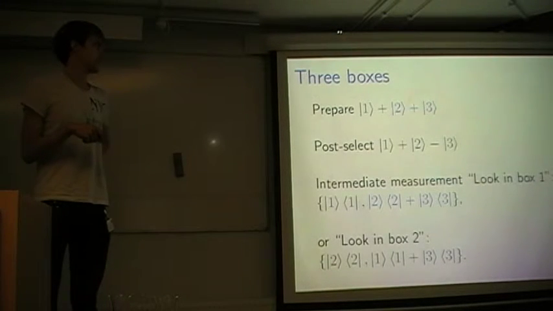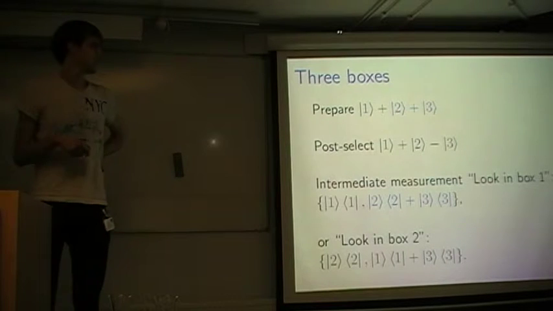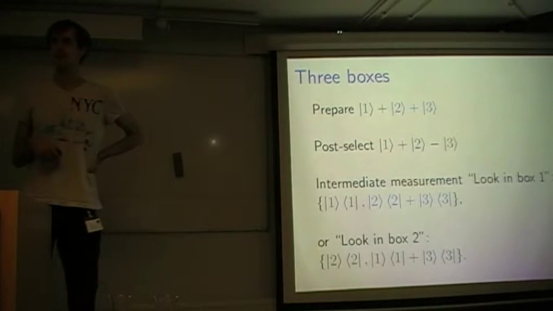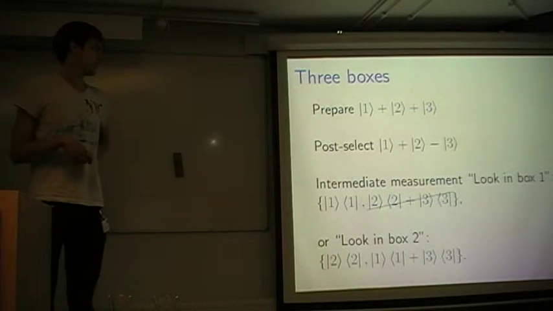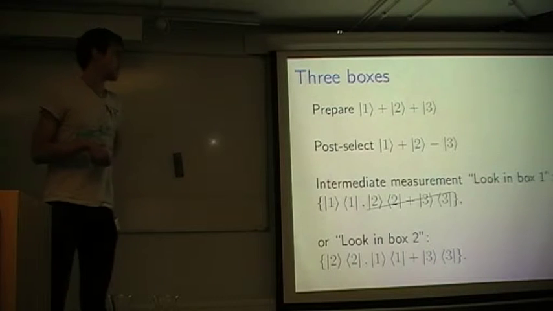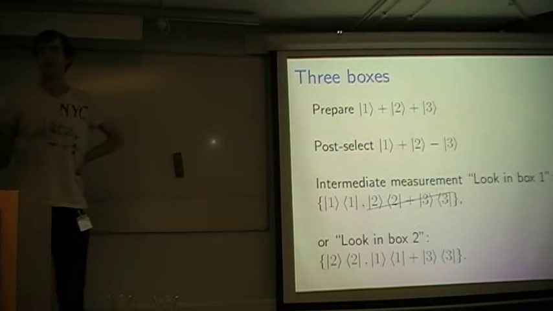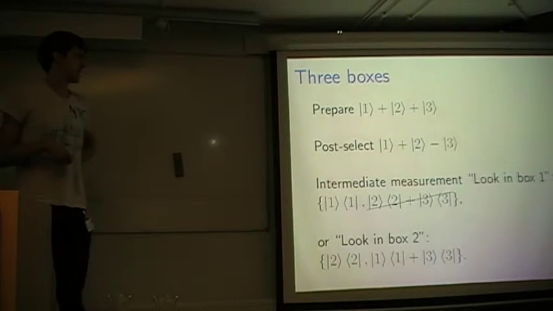But we can see that this is orthogonal to this final state that we're post-selecting. So if we get this outcome of the intermediate measurement, we know that the post-selection is going to fail, and so we're not going to count that run of the experiment.